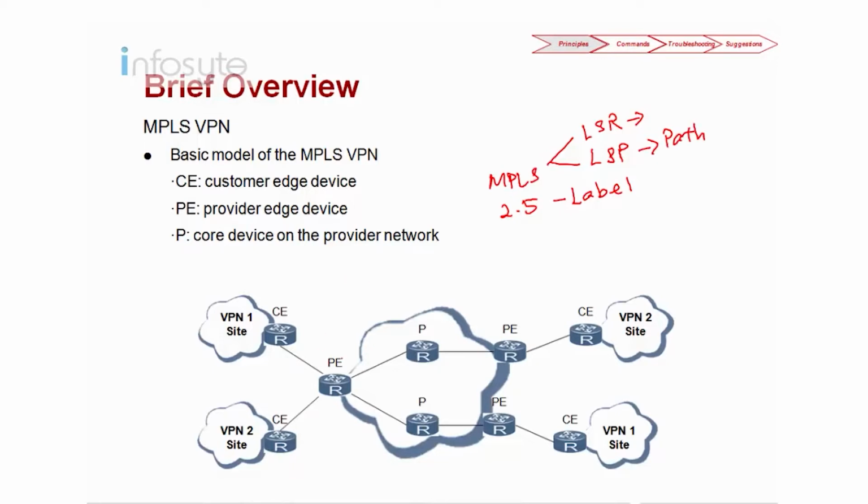Based on this example, for traffic going from VPN 1 to VPN 1, which path do they need to use? They need to go into the P router, and from the P router go into this PE router. This we call the label switch path, and this PE we call the LSR, the label switch router. They depend on the LSRs to create the LSP.